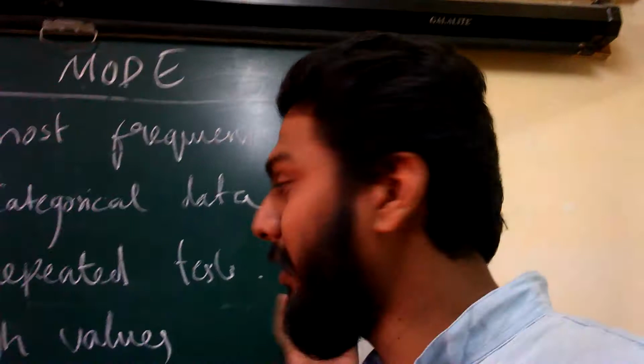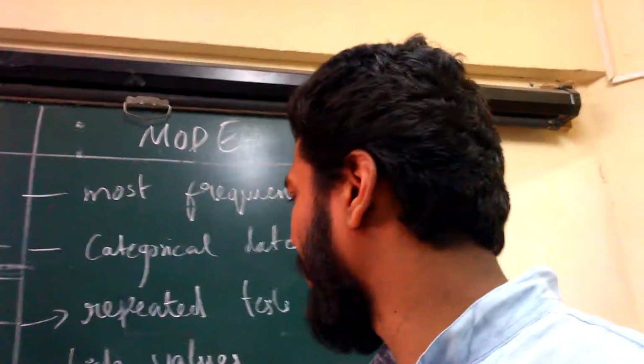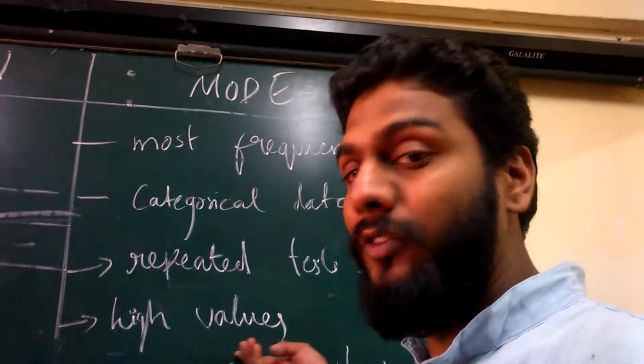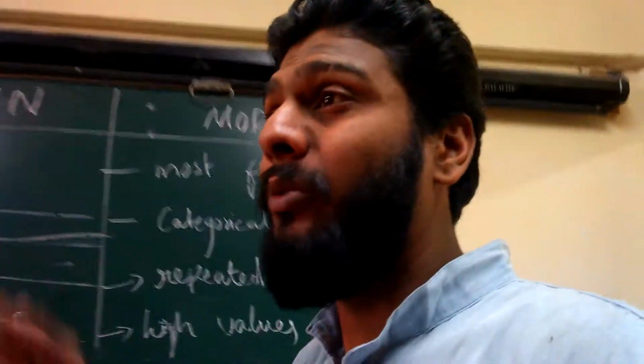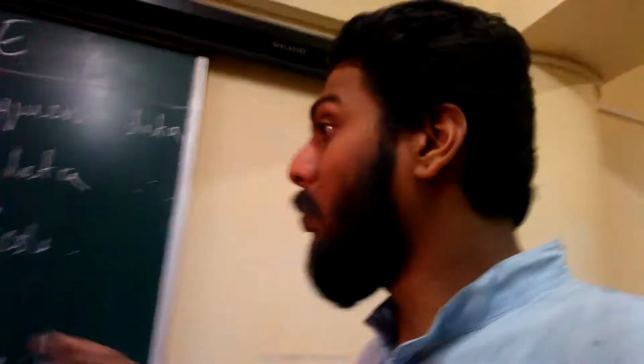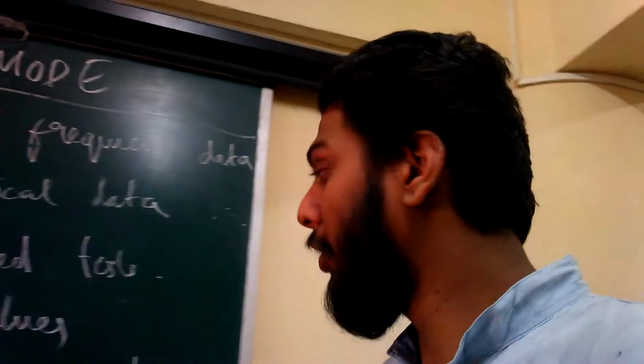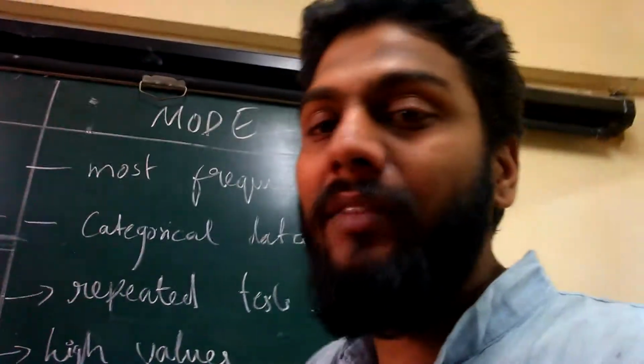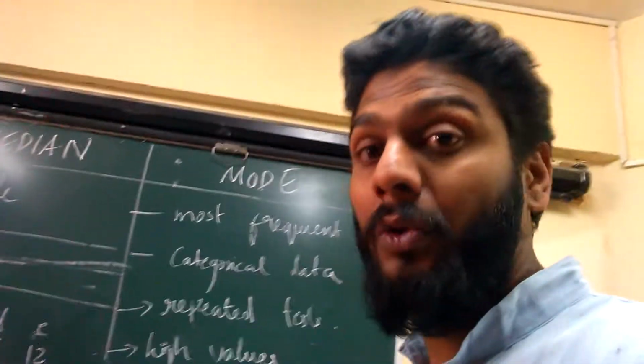That's the concept of repeated tests. It is also used when values are extremely high and we don't want to get into the mathematics. And what mean and median fail to do, skewed distribution, that is extreme variances, mode takes into consideration.